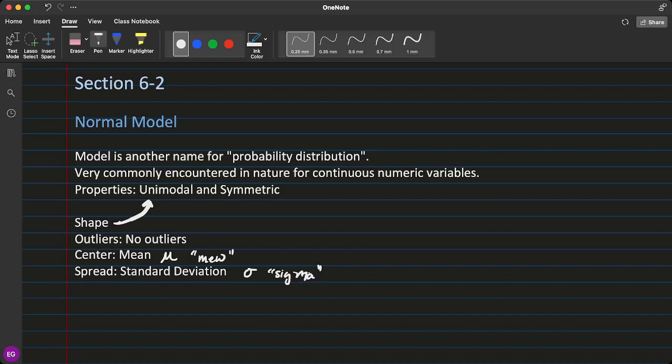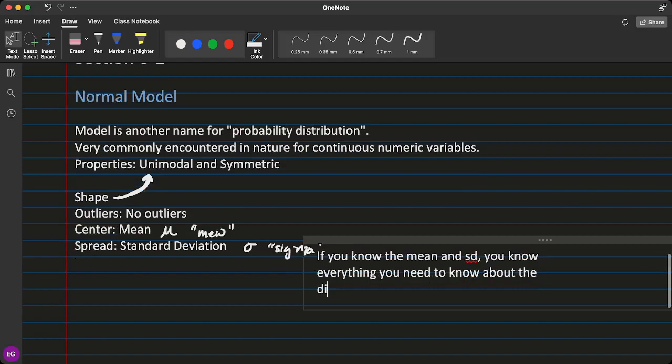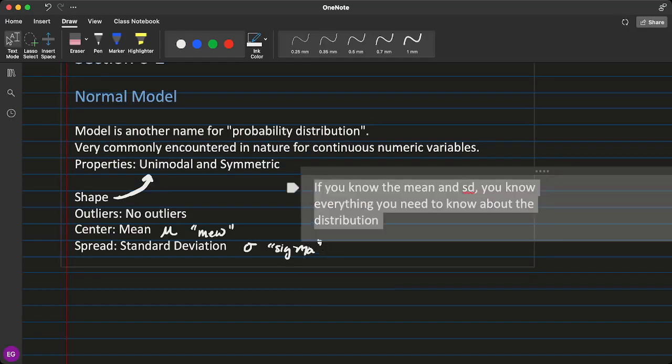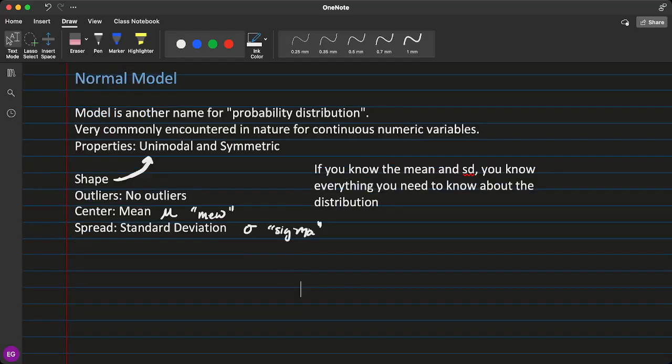The normal distribution is actually really interesting. If you know the mean and standard deviation, you know everything you need to know about the distribution. If you have those two pieces of information, you can calculate anything you need to know about it, which is pretty cool.